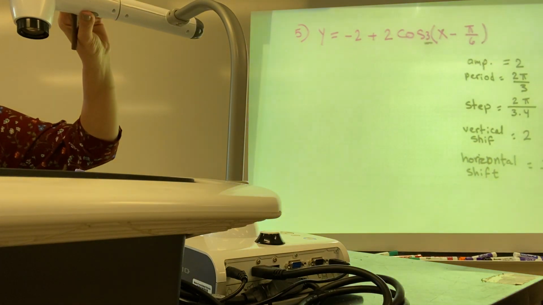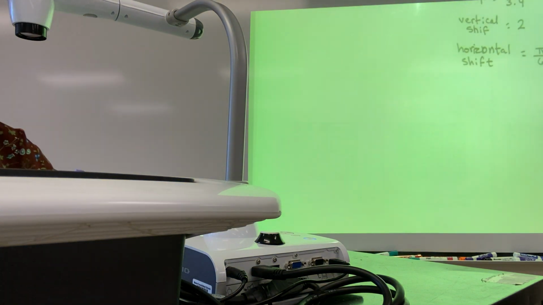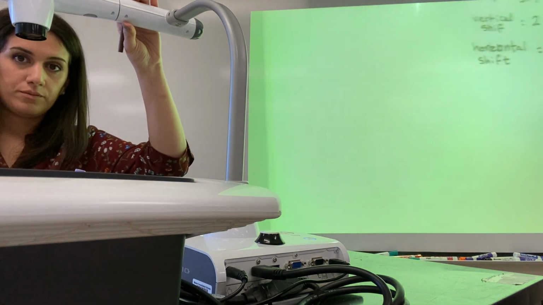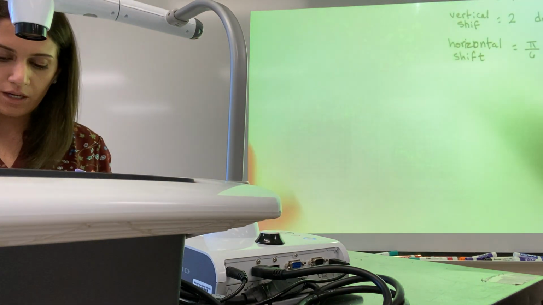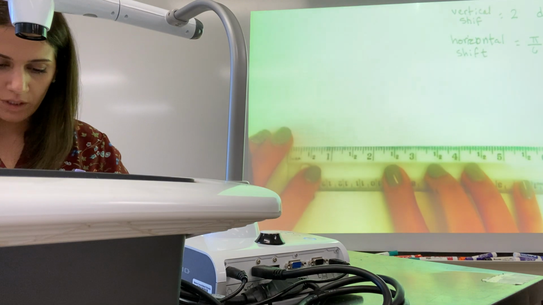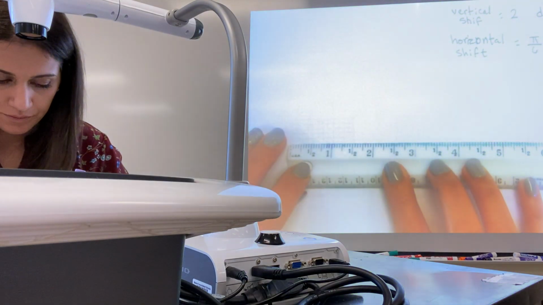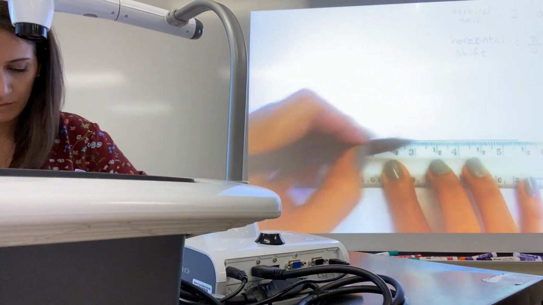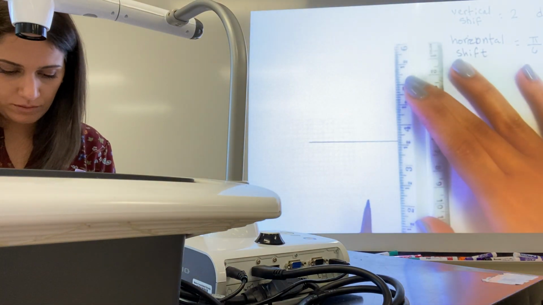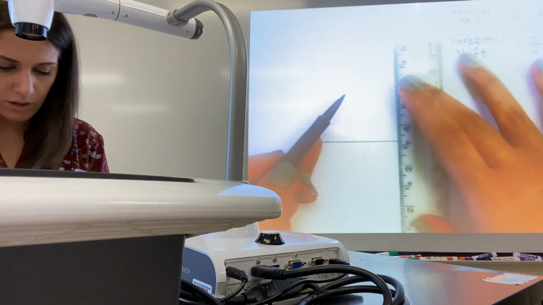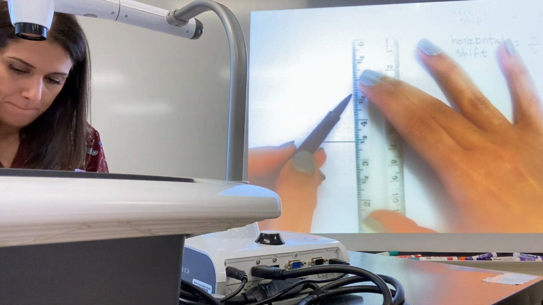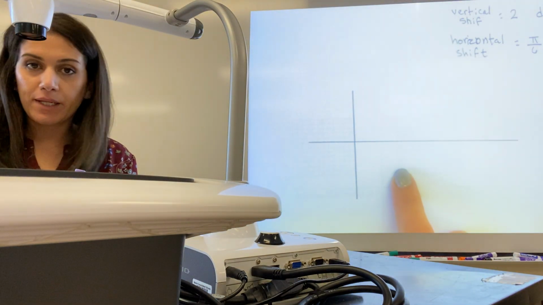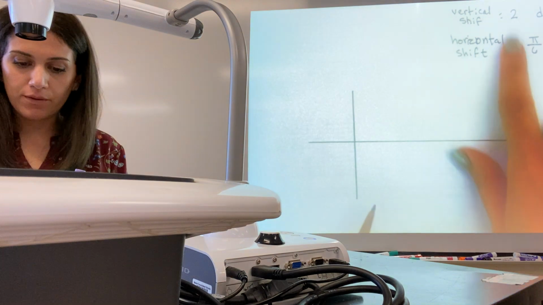And let's look at this. Okay, so first we'll graph the usual x and y axes. Let's do it here. Okay, and I'm going to create new x and y axes depending on the shifts that I have.